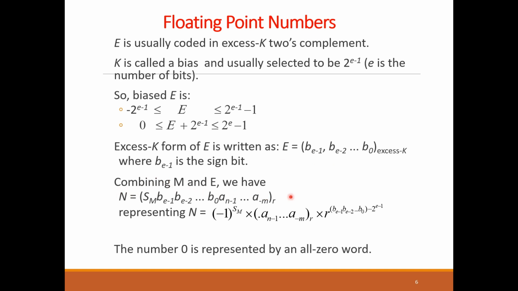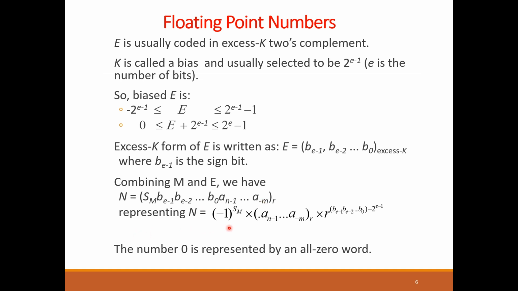So combining all the parts together, first the sign and magnitude part, then the exponent part, and at the last, the mantissa part. So this is the full representation of the floating point number: sign bit, then E number of exponent bits, and then N plus M mantissa bits.